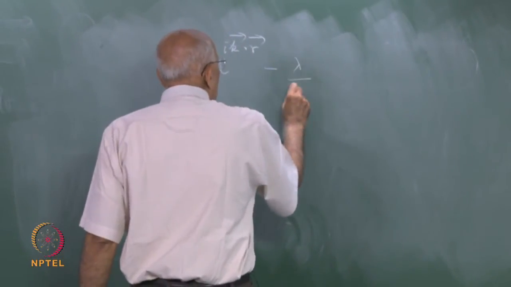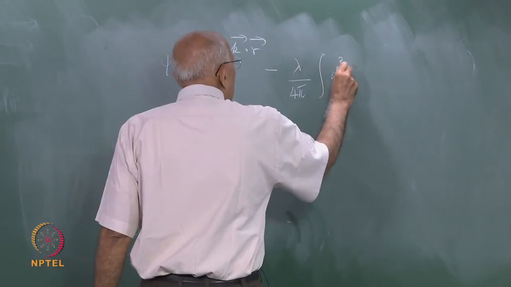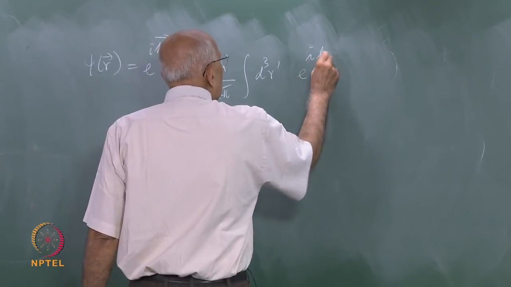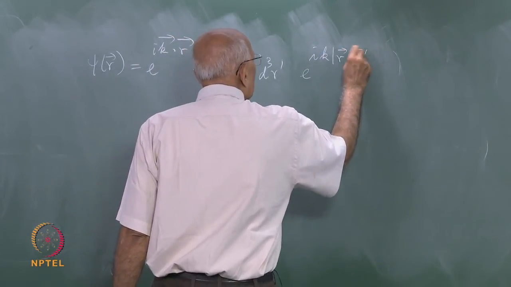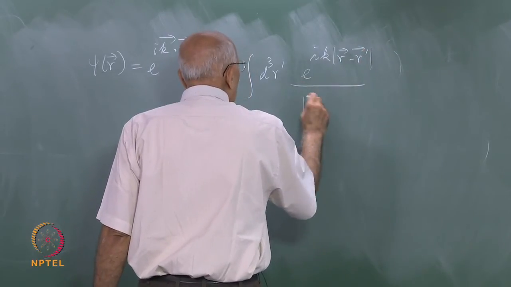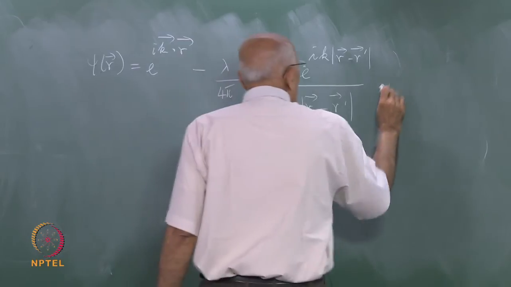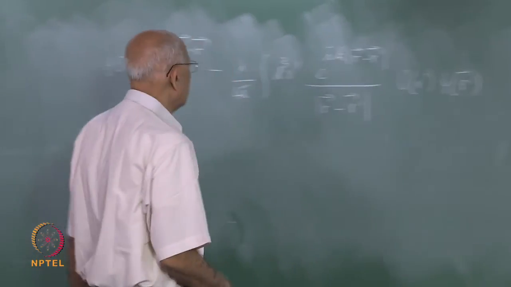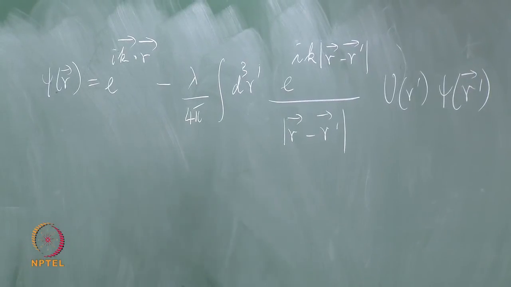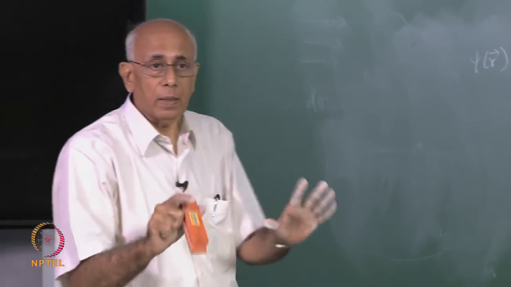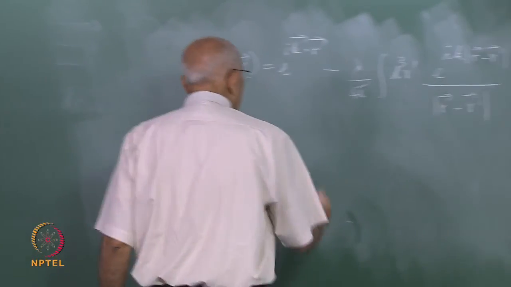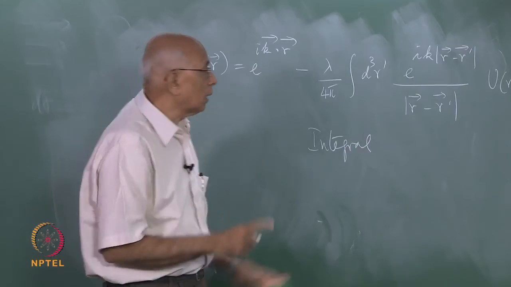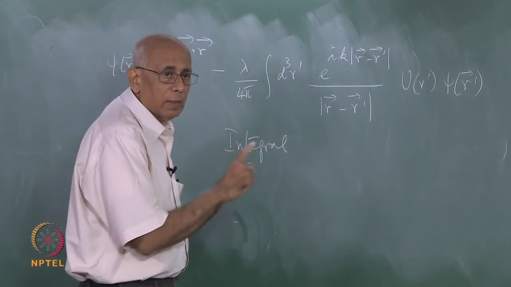There is a lambda over 4 pi integral d3 r prime, the Green function, so e to the i k mod r minus r prime divided by mod r minus r prime, u of r prime psi of r prime. Okay. That is the exact integral equation for scattering. It is not a solution for the wave function because psi is sitting here, but it is the integral equation.